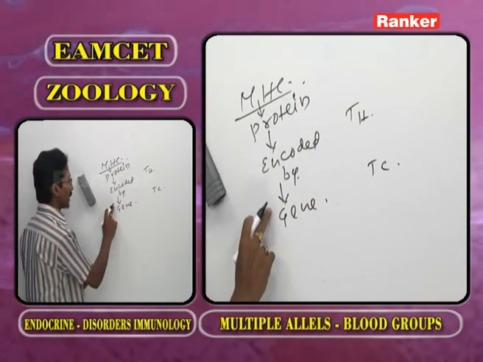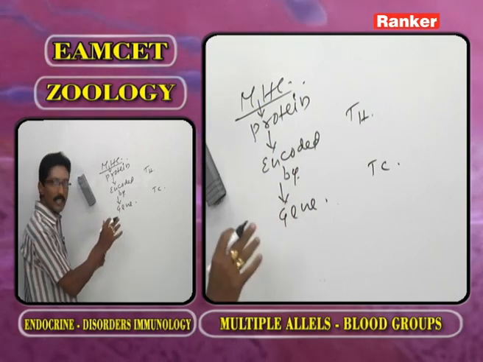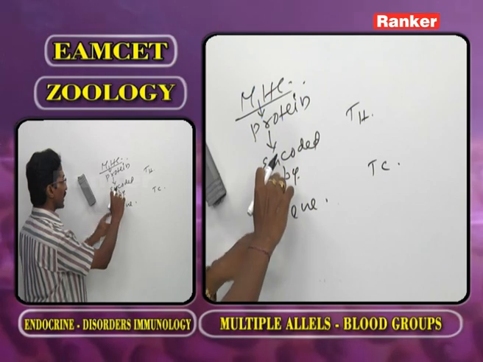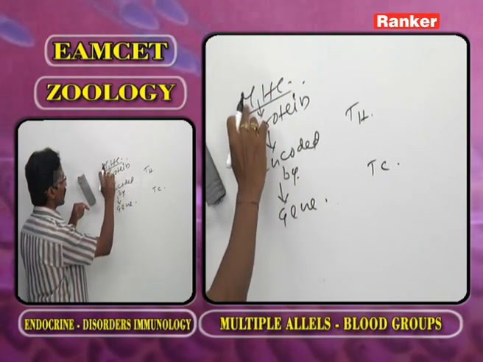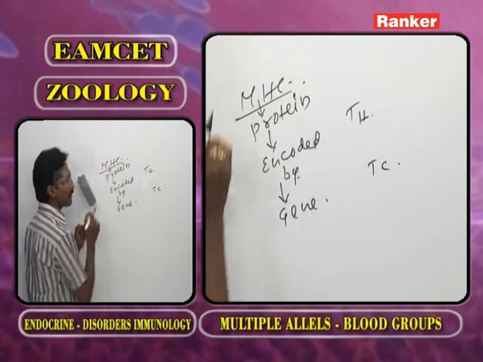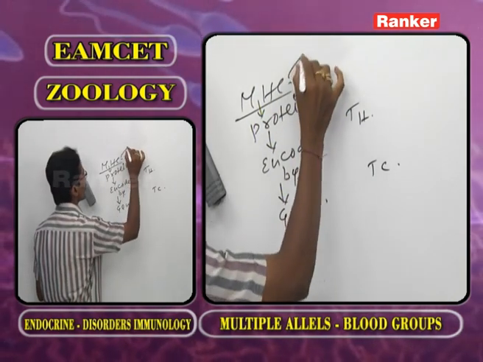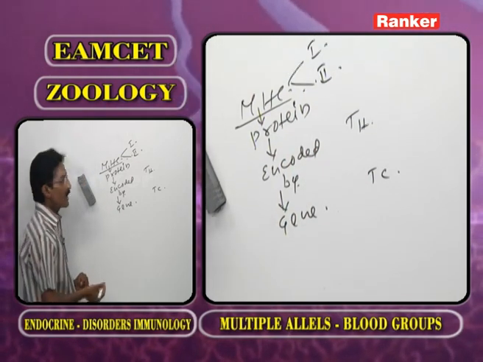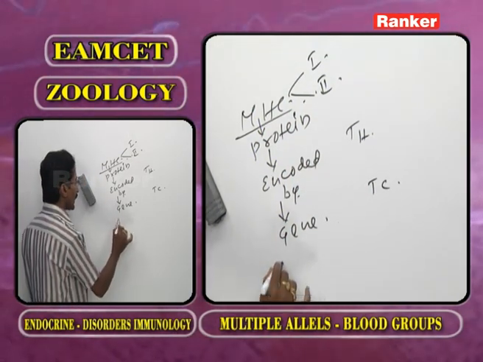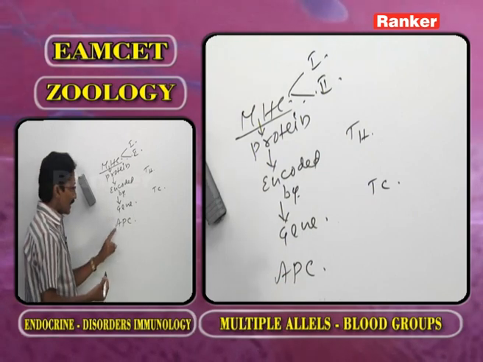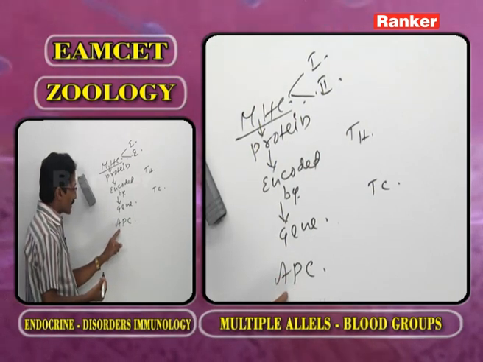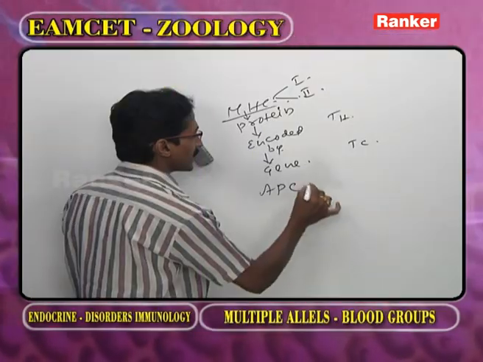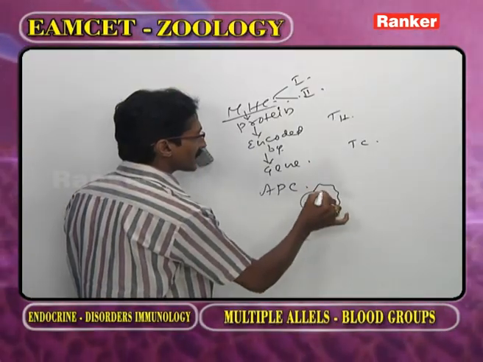In our body, one gene means part of the DNA. The gene produces a protein. That protein becomes major histocompatibility. The MHC is of two types, class 1 and class 2. Now, on all APC, that means antigen presenting cells, what type of MHC is present?